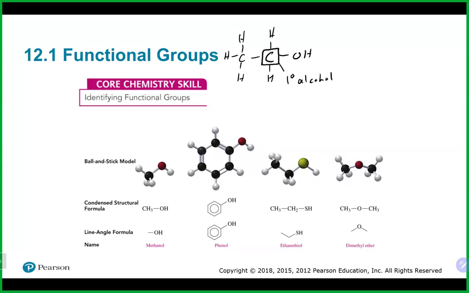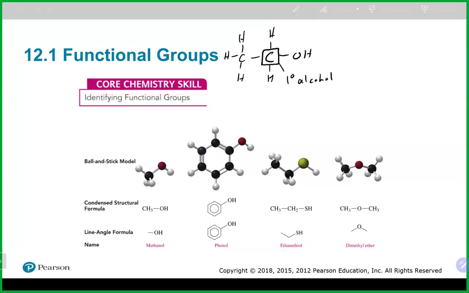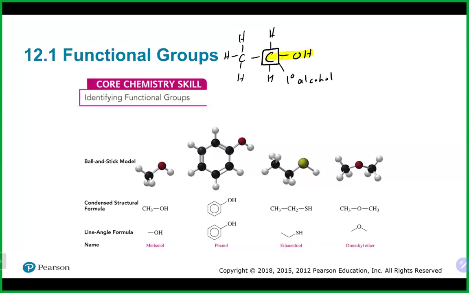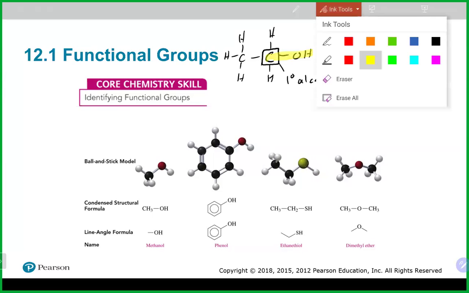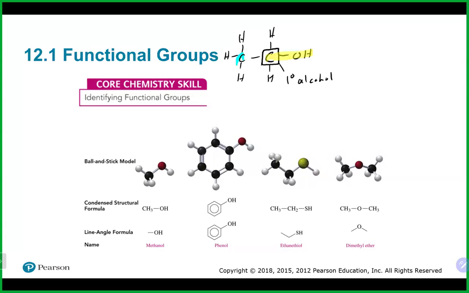You're going to go to the carbon, but in this case, the carbon does need to have the OH group attached to it. So obviously here, that carbon has the OH group attached to it, and attached directly to that carbon is one other carbon. And again, that's what makes this a primary alcohol.